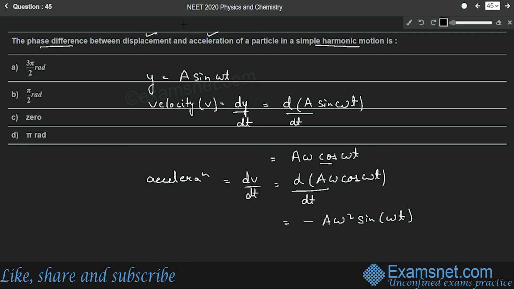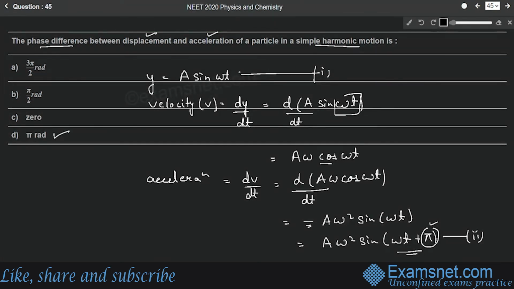Now, to change this minus sign to plus, we can write a omega square sine omega t plus pi. Okay, that means 180 degree. So here we can see, on comparing the displacement y with acceleration a omega square sine omega t plus pi, it is clear that the difference in phase is pi. Here we have sine omega t and here we have omega t plus pi. So the difference is pi. That means which option will be correct? Option D will be the correct answer.